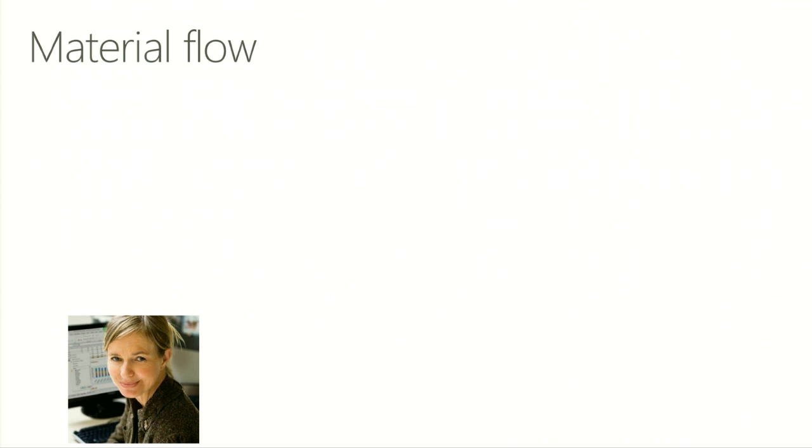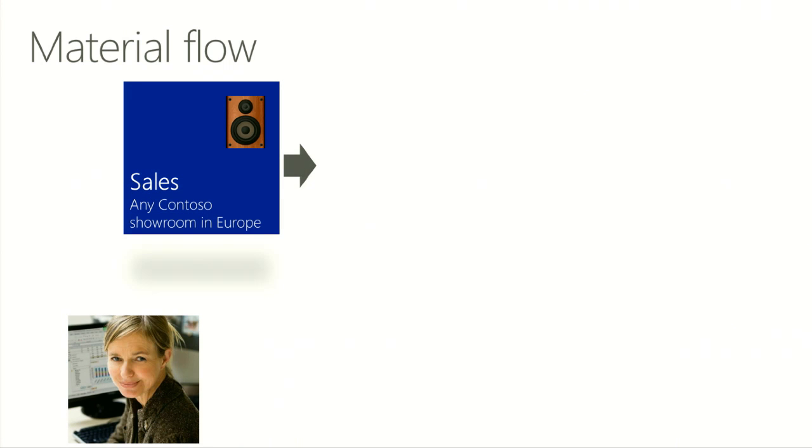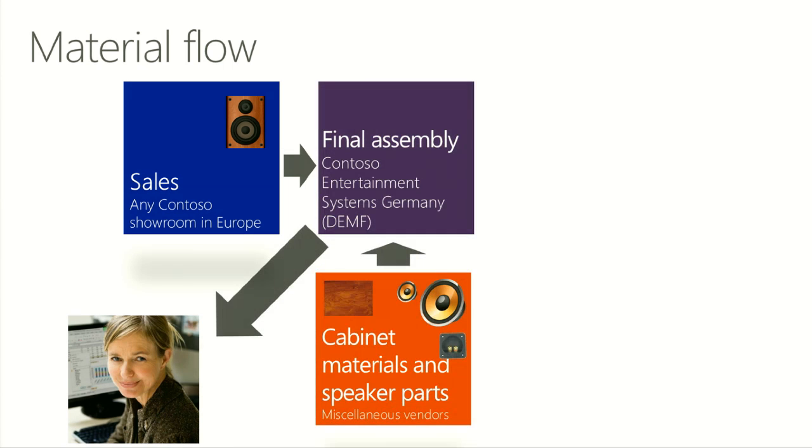So let's look at it from the material flow perspective. We have Susan, the sales order taker, who takes a sales order, and she sits in a company in France. It could be any Contoso showroom, or any showroom that takes orders. This sales order, where she's doing the order taking and the configuration of that, will create a final assembly request through intercompany on the German subsidiary.